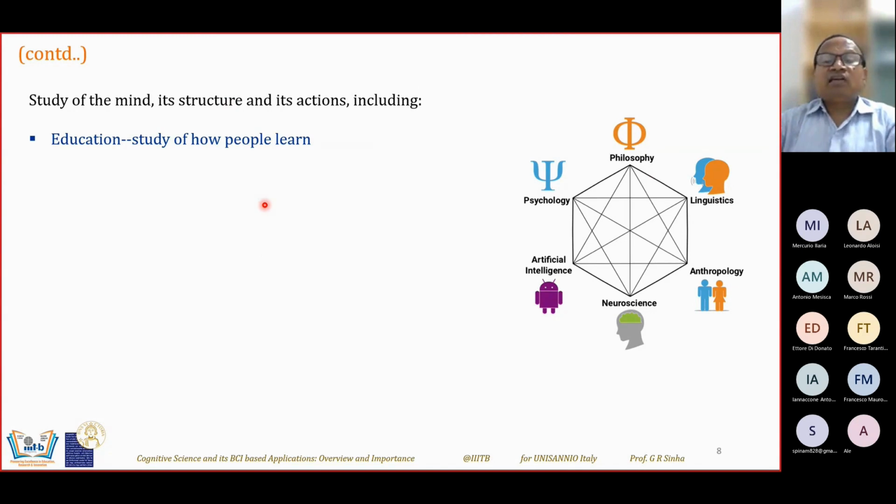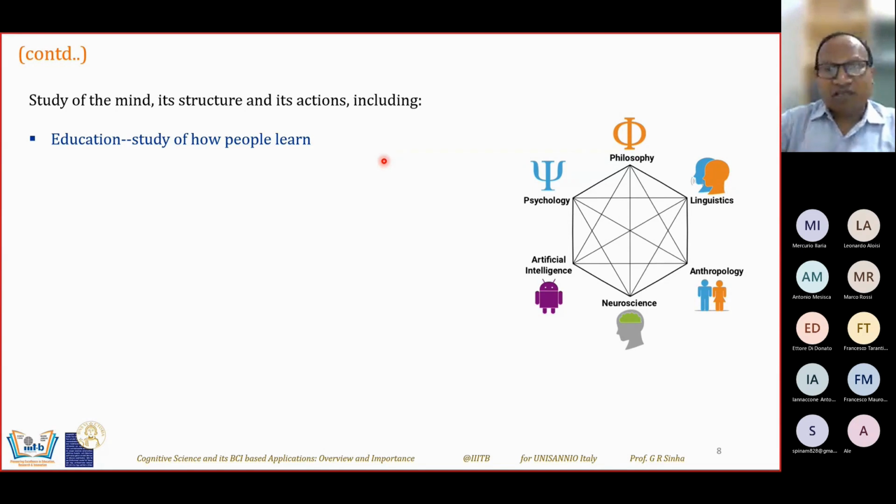I have included one example where we are doing research in the area of learning assessment with the help of EEG signals, which I'll talk about. So how people learn, how much we learn, how much we do not learn, how much we are confused, how much we are not confused. I'll give one example.